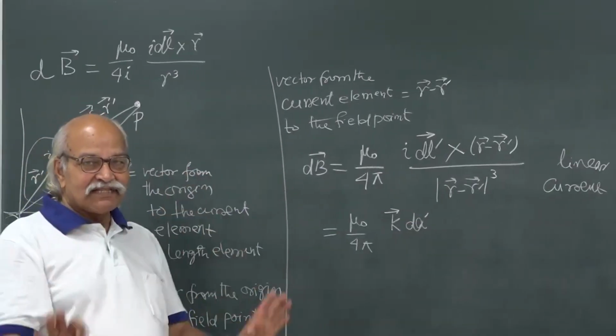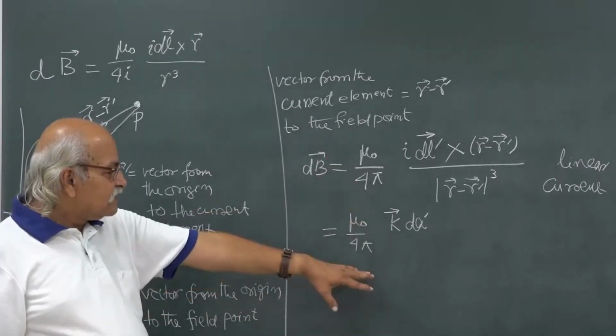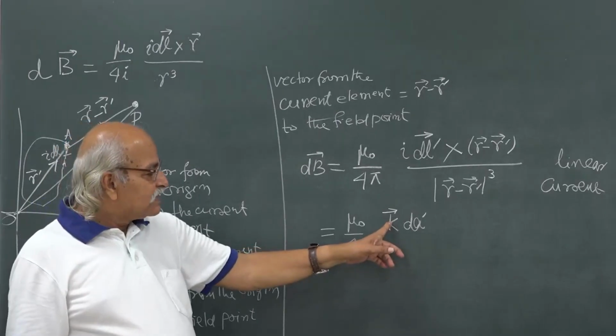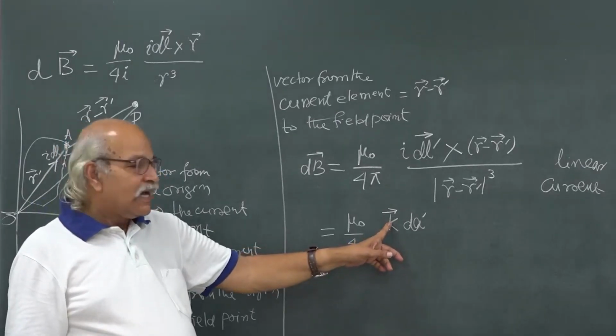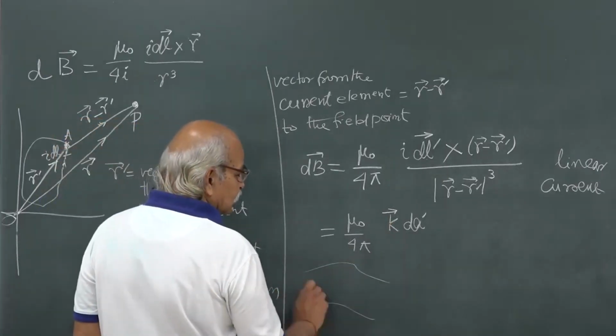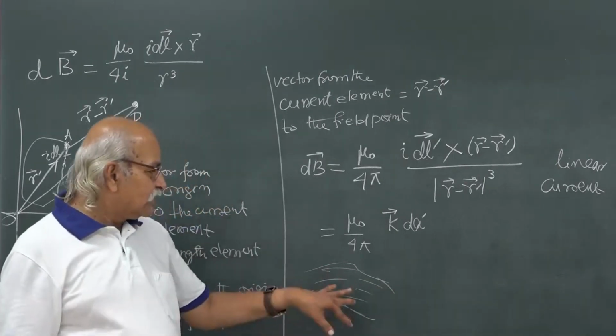If it is surface, we had done examples on the surface current, magnetic field due to surface current. If this is the surface current density at this location, this is a surface, and then there is current on this.